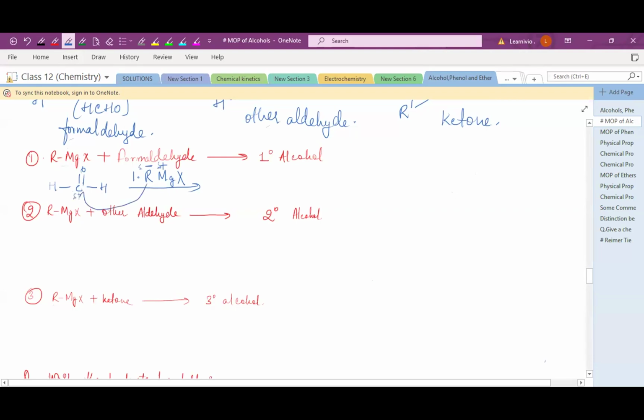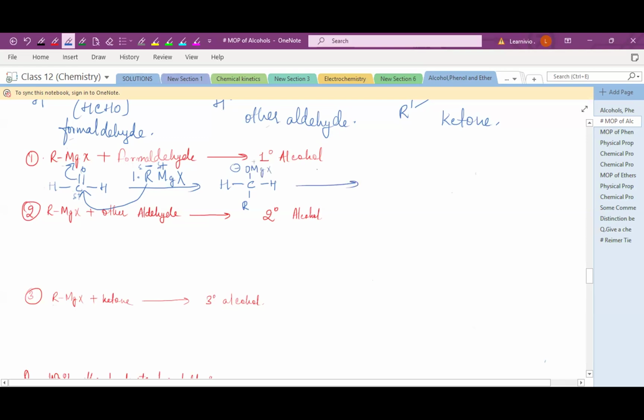So this R group will attach over here, and this bond will shift away. So you get H, C, R, hydrogen over here, oxygen with a negative charge, and this MgX will get attached to the oxygen.